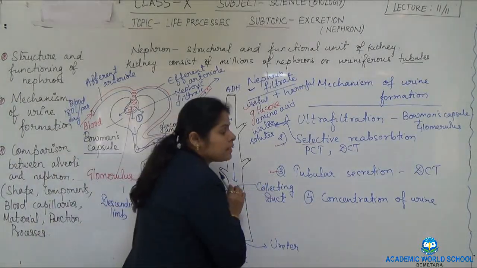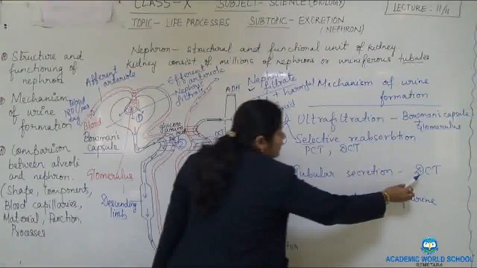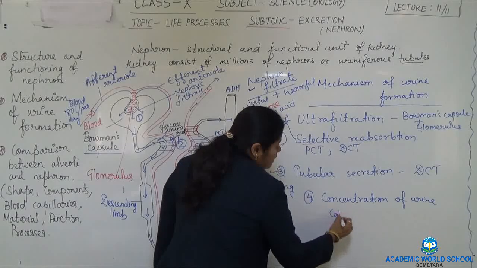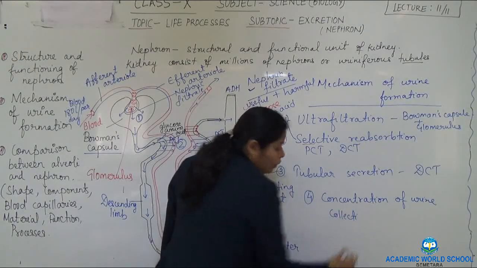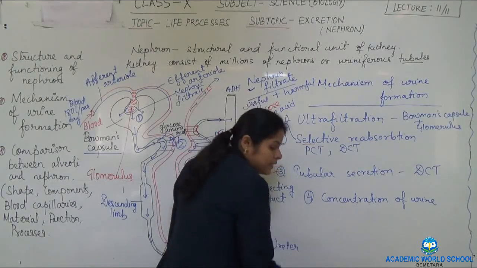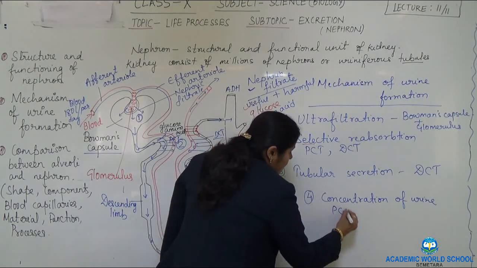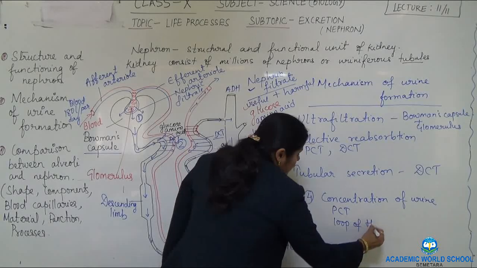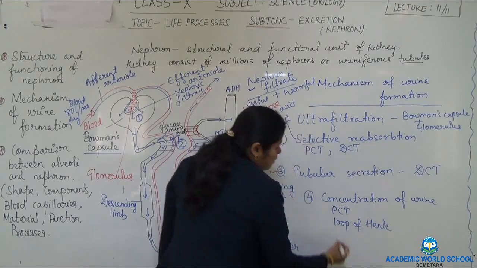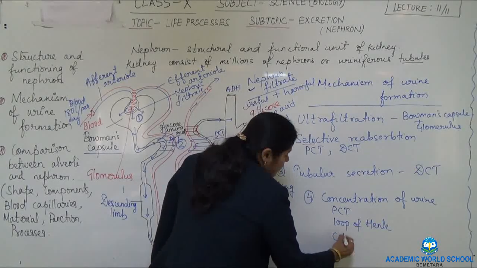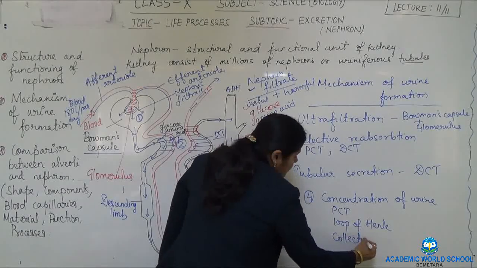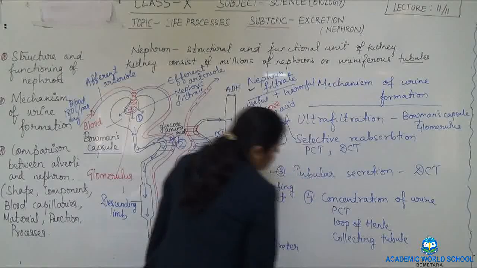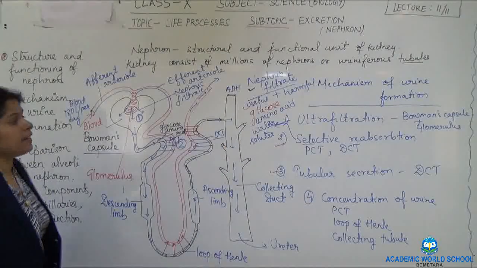The third one, tubular secretion, is taking place in DCT, distal convoluted tubule, and the last one, concentration, takes place not only in the collecting duct, but in PCT, then in the loop of Henle, and whatever remains behind is taking place in the collecting duct. So these are the structure of the nephron and the various steps which occur at various phases.